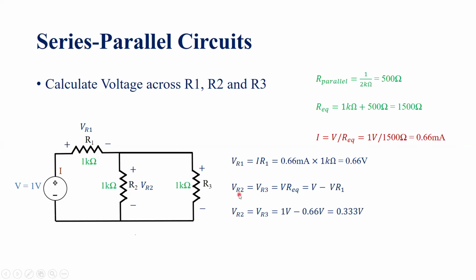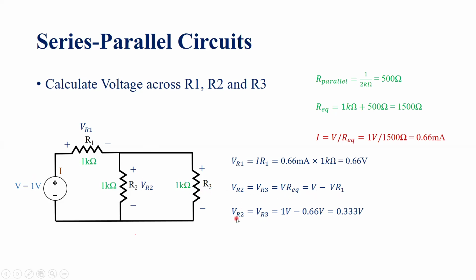Now, VR2 is this drop, which is equal to VR3, the voltage across this drop. So VR2 equal to VR3 will be V minus VR1. That's why we have written it here. So V minus VR1 is nothing but the voltage drop across R equivalent, what we just calculated in our previous slide.